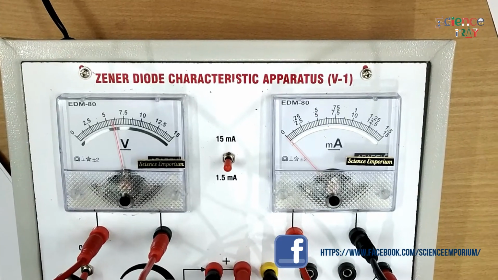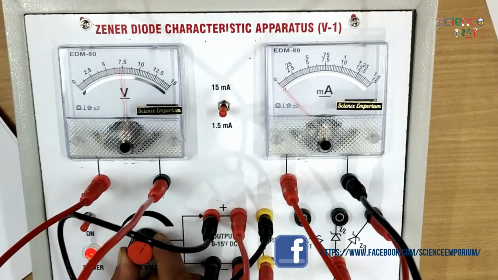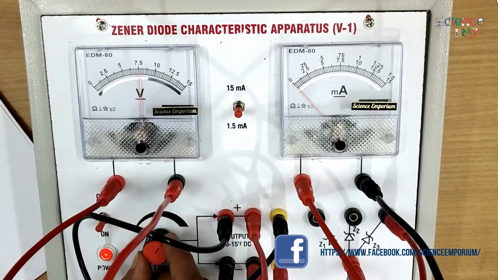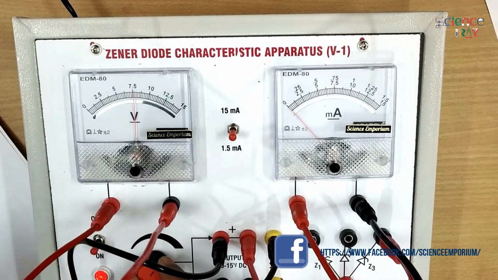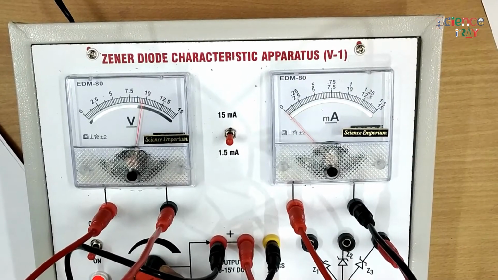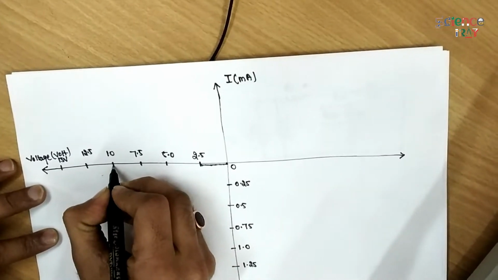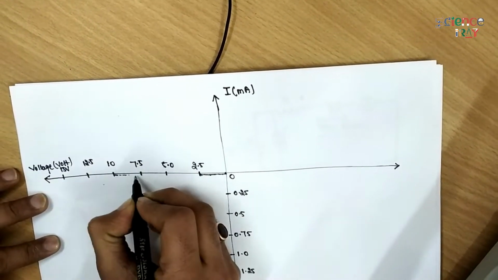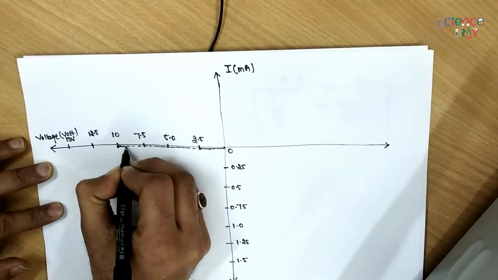We continue this process using this knob, and up to 7.5 there is no effect on the current, and when the voltage reaches 10, there is still no effect on the current. So first we plot on our graph that up to 10 there is almost negligible current.